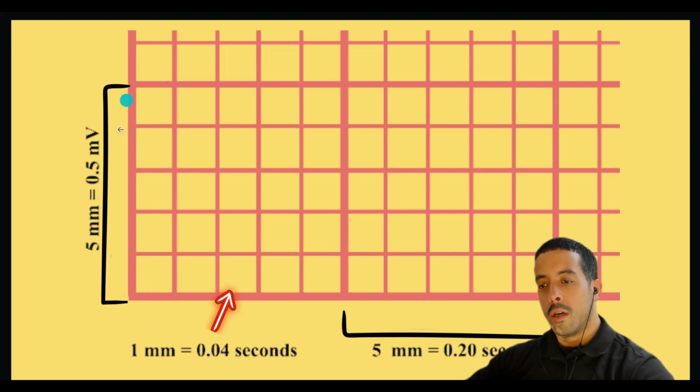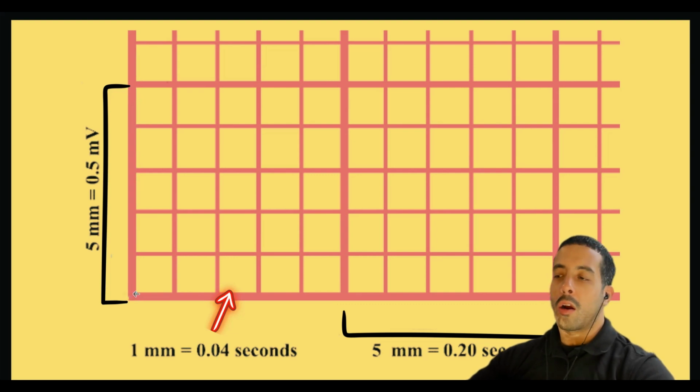And notice this axis is actually measured not in seconds but in millivolts. Why? Because the power of the contraction is on this axis, and the time that the contraction, or the cardiac event, lasts is on this axis.